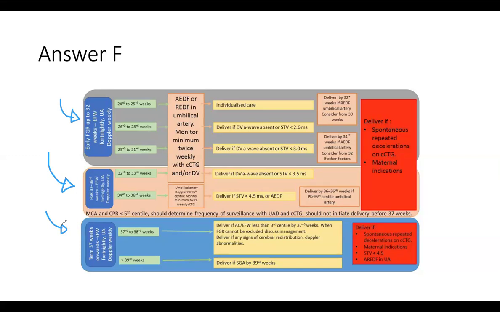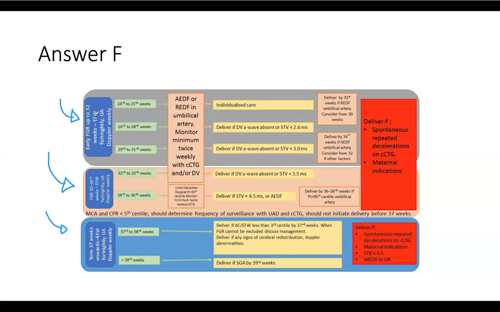So my friends, in such a case where I already have a diagnosed case with fetal growth restriction, what will be the form of follow-up? The form of follow-up for any case with fetal growth restriction is by the umbilical artery Doppler.